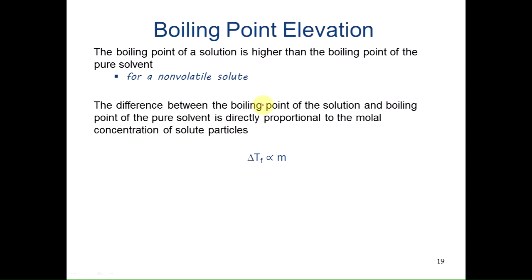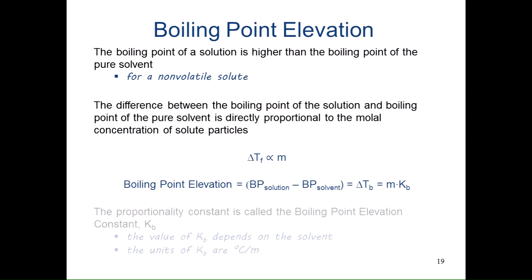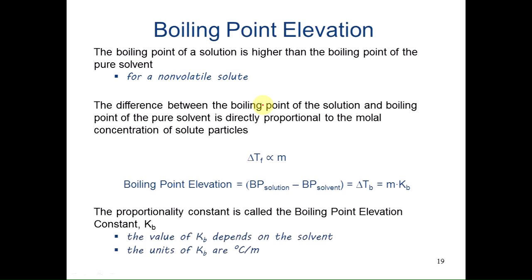It looks very similar to the equation that we saw for the freezing point depression. So the boiling point elevation is going to be equal to the molality times the boiling point elevation constant. The change in temperature, that delta, the boiling point, is going to be equal to the molality times the Kb. And this is a type of colligative property.